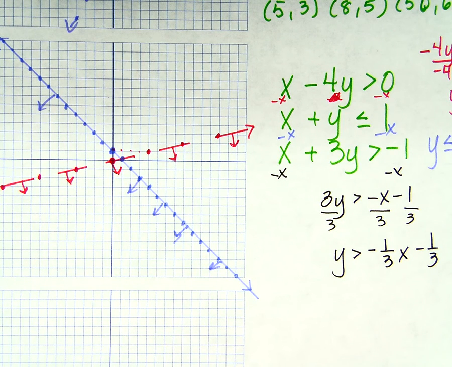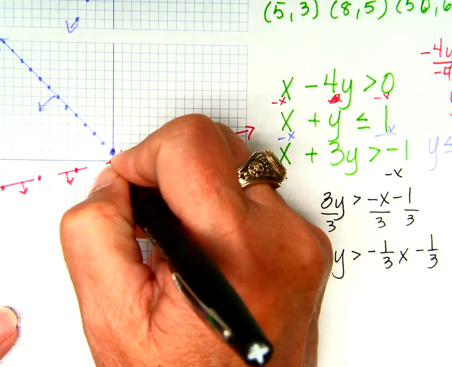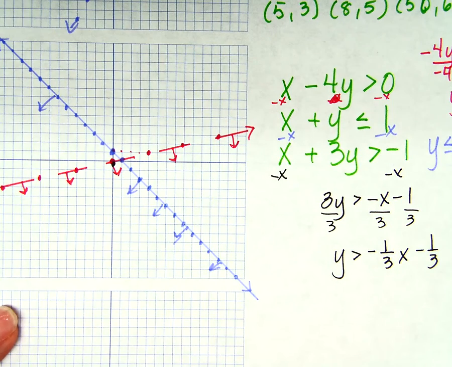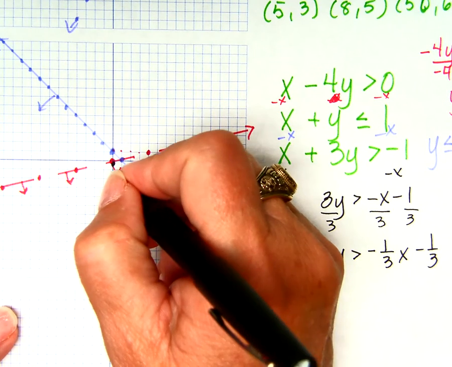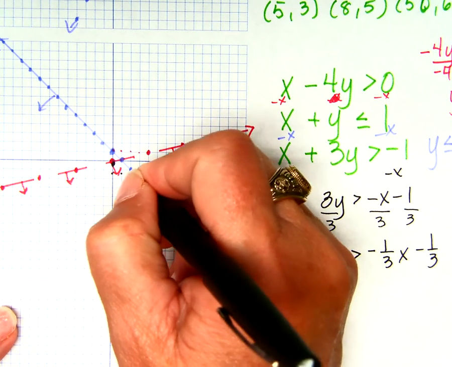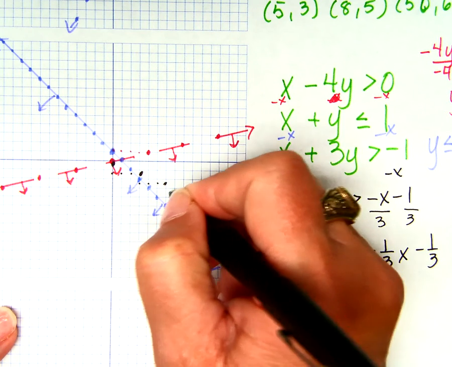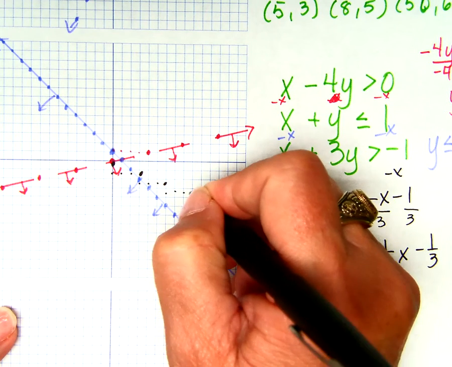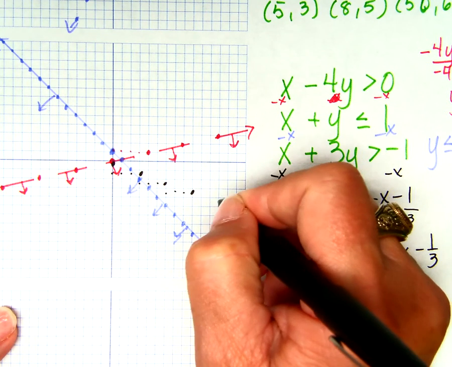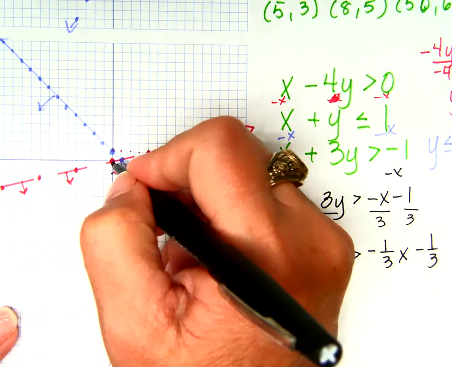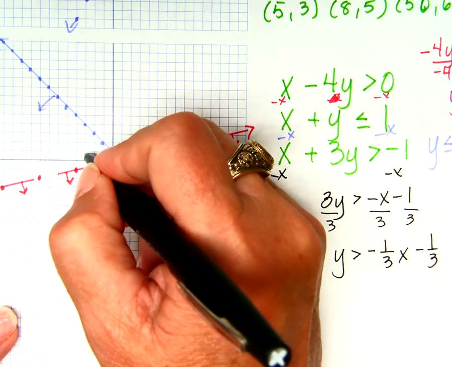No, I do not. I go down 1/3, which is about right there. I fall 1, run 3. Fall 1, run 3, and so on. Or from here I rise 1 and run backwards 3, right?